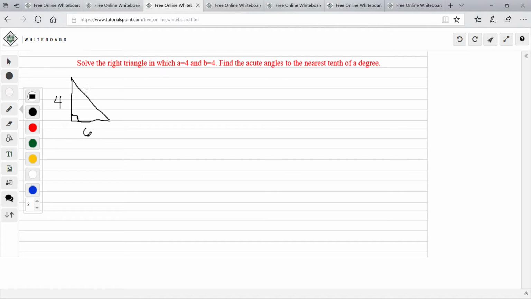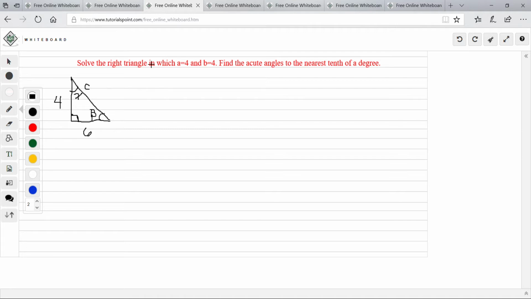We'll call this angle alpha, and we'll call this angle beta. We all know that the angles of a triangle add up to 180 degrees, right? Let's find the hypotenuse, or C. You use the Pythagorean theorem.